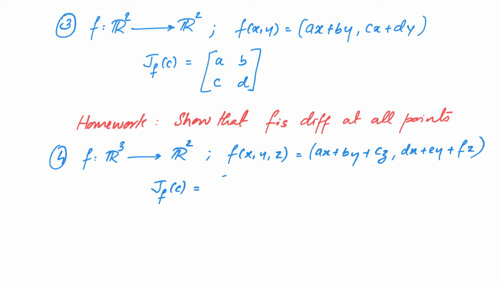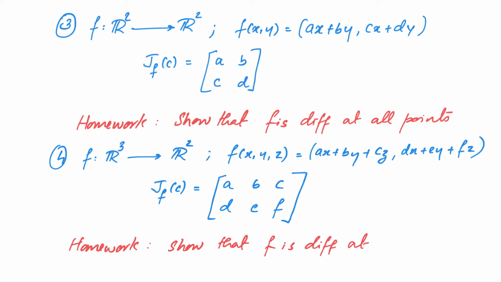And the Jacobian of this function would be [a, b, c; d, e, f]. Once again, the proof that this function is indeed differentiable is not so difficult. Therefore, I am going to leave it as a homework for you. Please work these out and convince yourself that these functions are indeed differentiable. That means our intuition is correct.